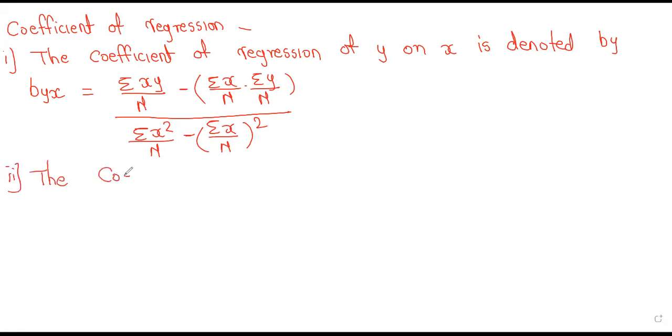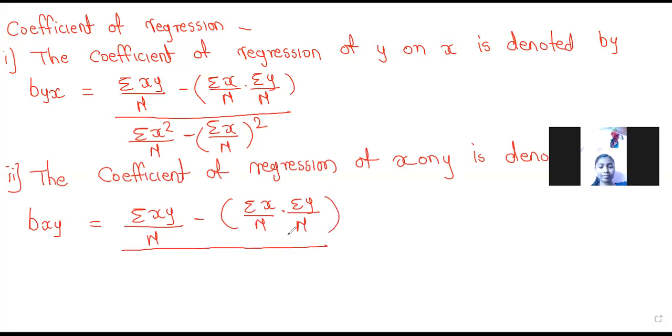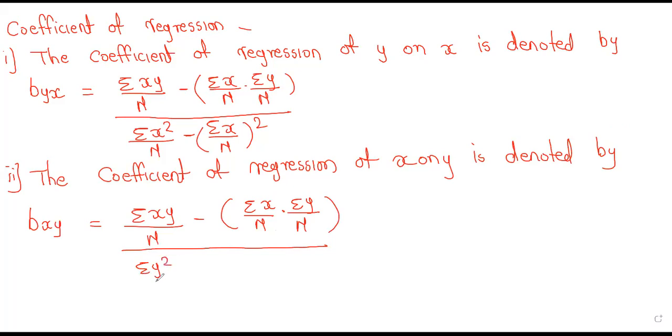The coefficient of regression of x on y is denoted by bxy, is equal to summation of xy divided by capital N minus summation of x divided by capital N into summation of y divided by capital N, and divided by summation of y square divided by capital N minus summation of y divided by capital N, bracket square. Okay.